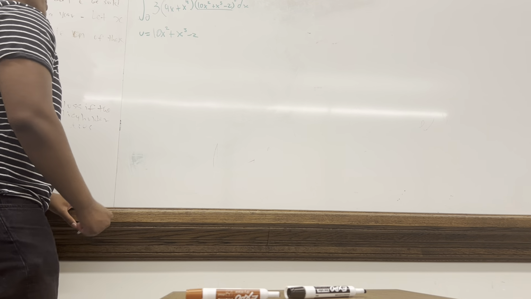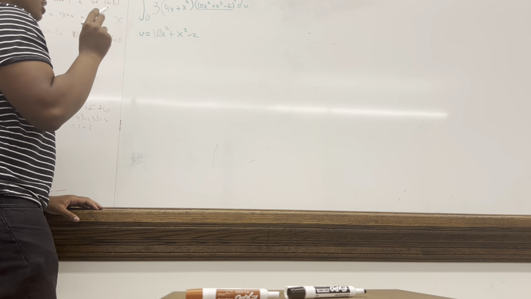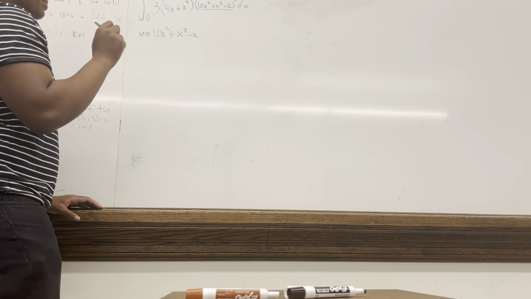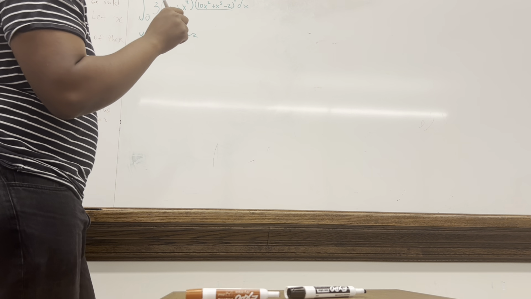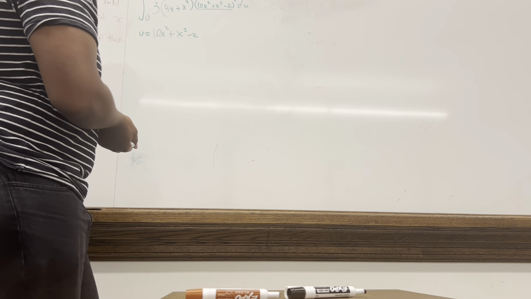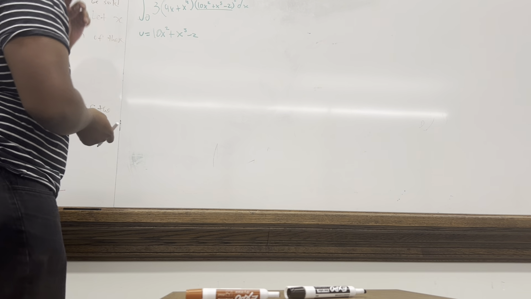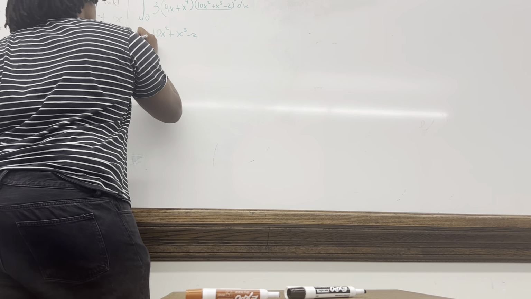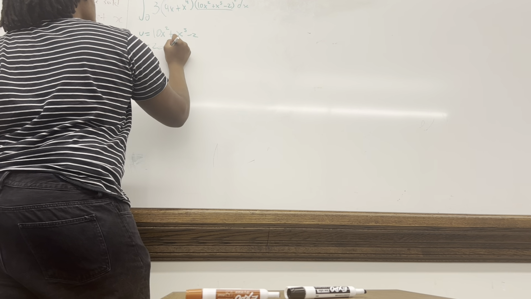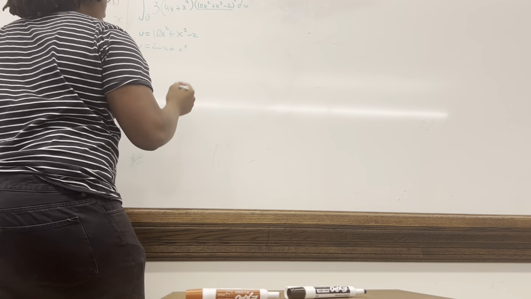So, this is the problem. The integral of 3 parentheses 4x plus x to the 4, parentheses 10x squared plus 5 plus x to the power of 5 minus 2, to the 6th, dx. For our u, we're going to use 10x squared plus 5 plus x to the power of 5 minus 2. du is going to be 20x plus x to the 4.